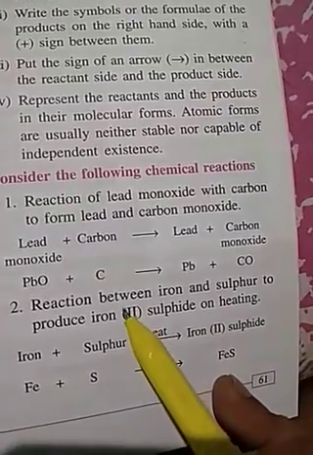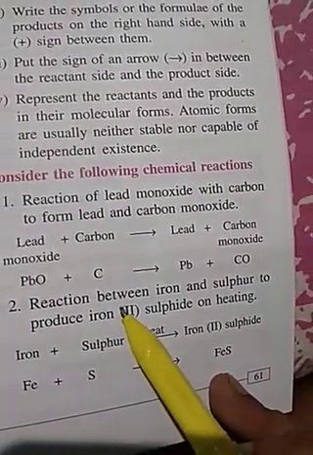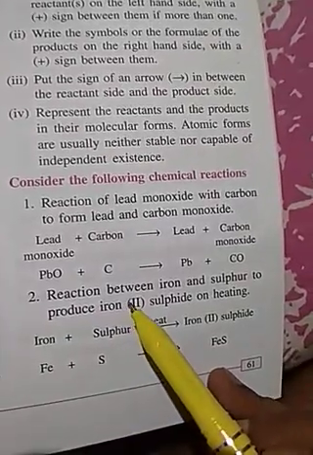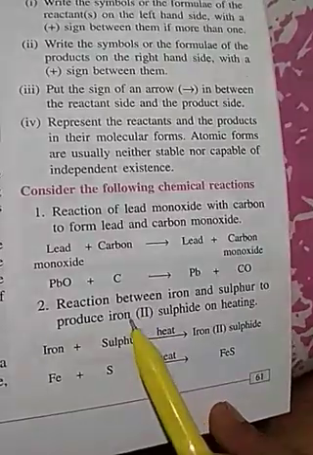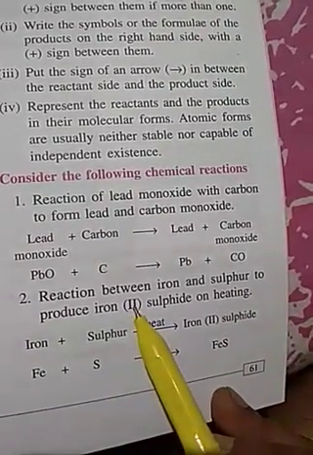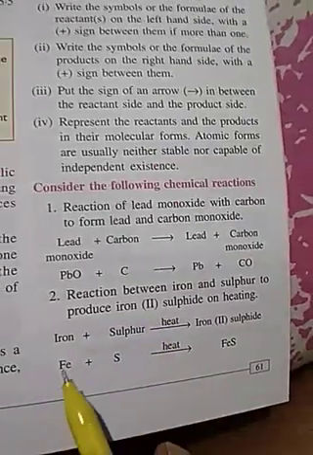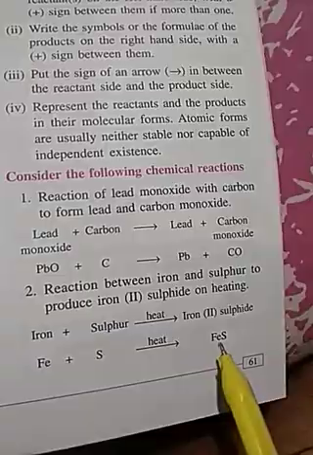If it is written Roman 3, then what will it be called? Ferric. We had seen this in the variable valency topic. The higher the valency, ic will be added. The lower the valency, ous will be added. So here iron reacts with sulfur and forms ferrous sulfide.